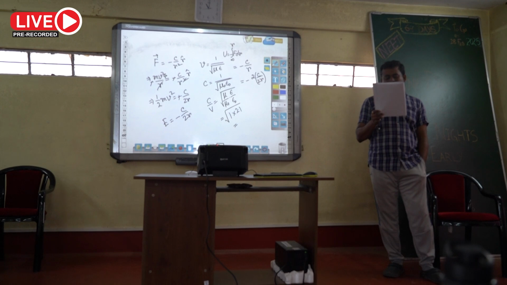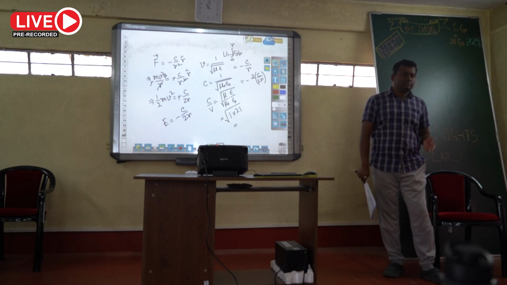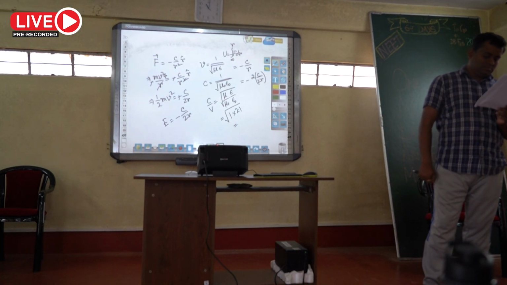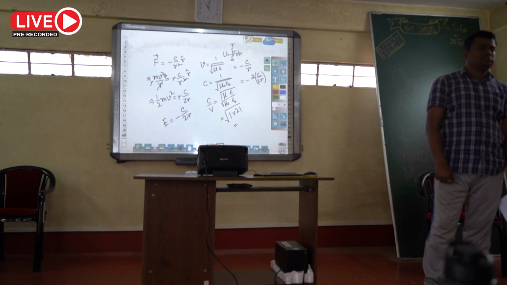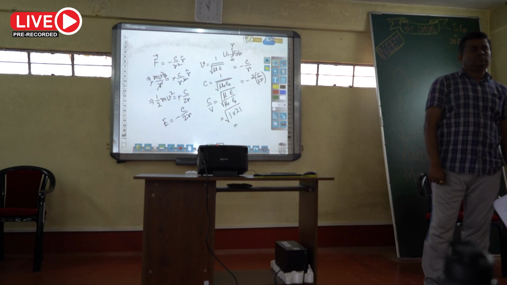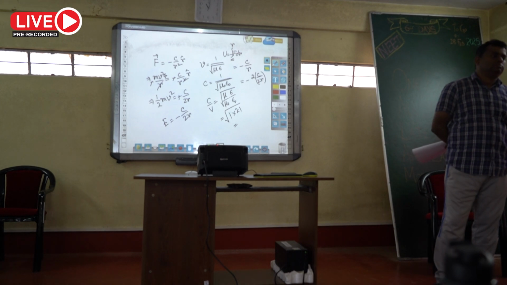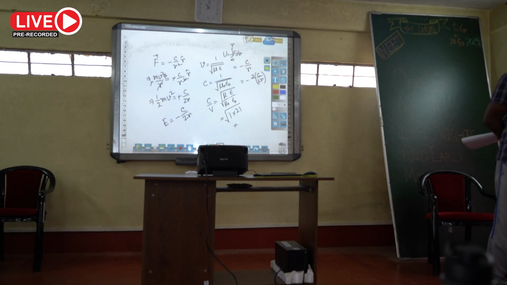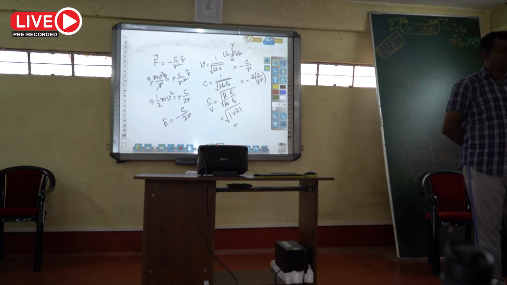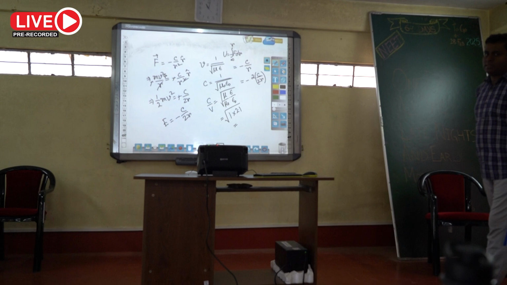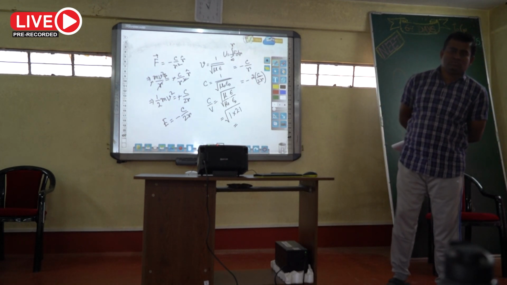The final potential difference in volt across C. You have to only calculate the peak value.